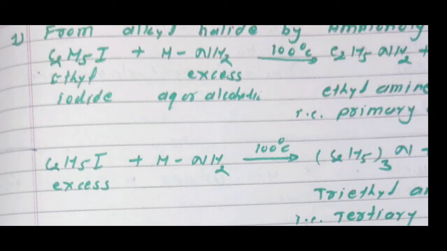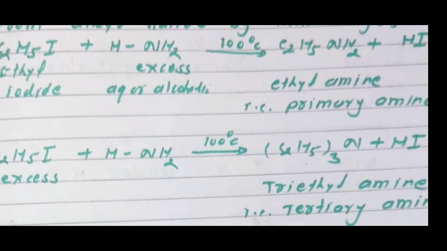Then we study the second reaction: alkyl halide, that is ethyl iodide, reacts again with aqueous or alcoholic solution of ammonia at 100 degrees centigrade. Here we use excess ethyl iodide, therefore (C2H5)3N, triethylamine, is formed by release of HI.